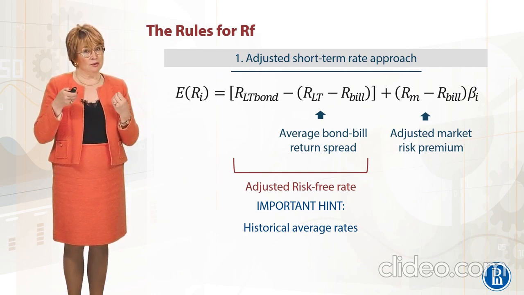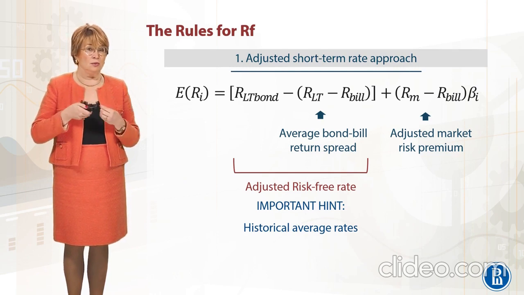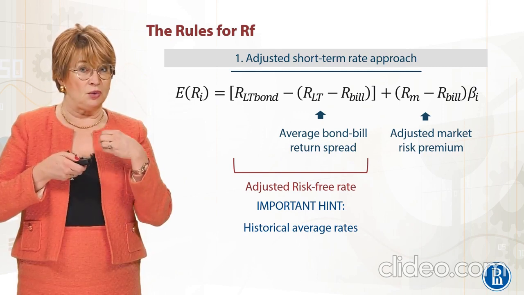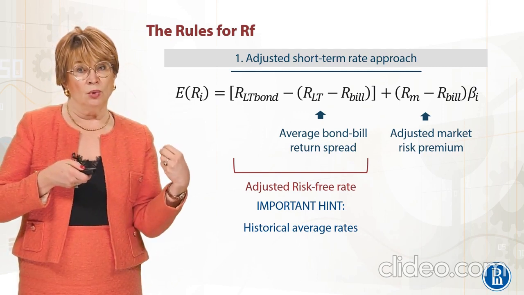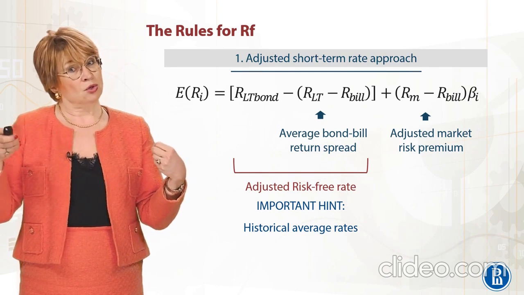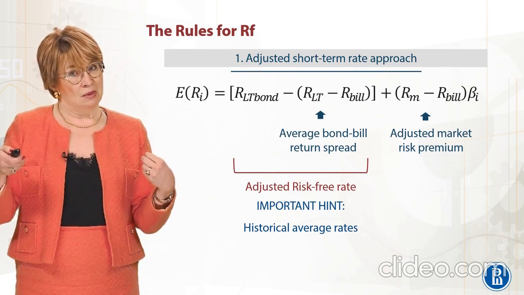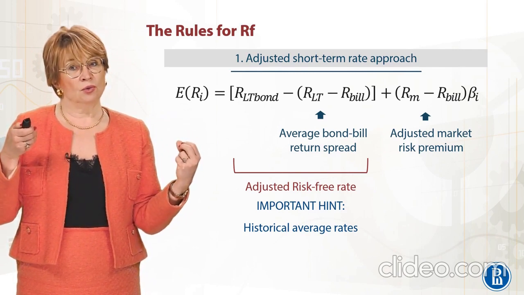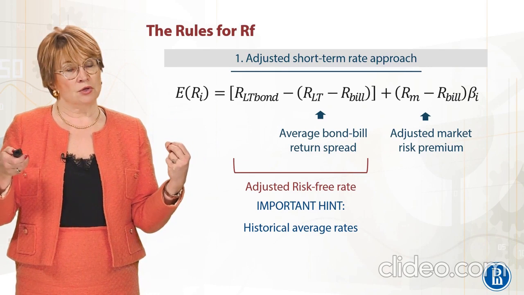But we should subtract the average bond-bill return spread, the average spread between the return on the long-term treasury bond and the return on the short-term treasury bill.